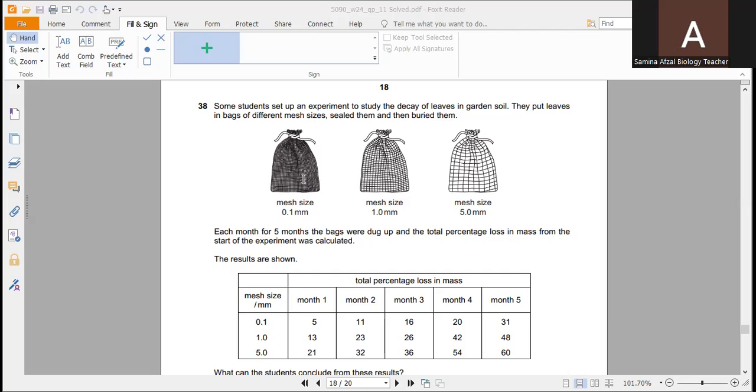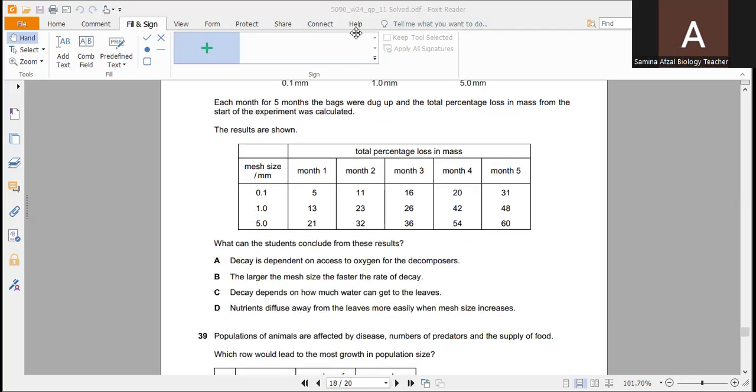So you can see the mesh size in millimeters, month 1, month 2, month 3, month 4, month 5, which is the percentage loss in mass. What can the student conclude from these results?